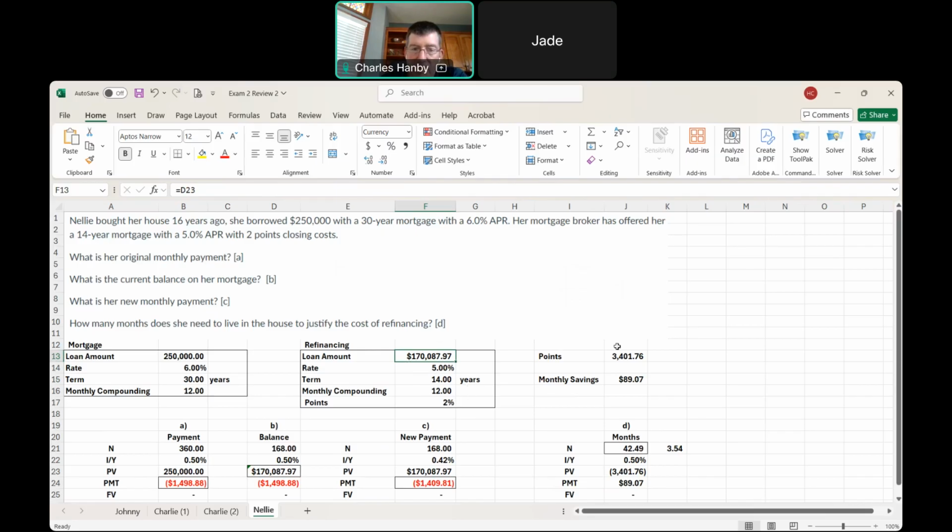So we just have to multiply 0.02 times 170,000, and that's how much the lender would charge to lend you the money. Oh, so that's not money that she would save. No, that's money that she has to pay to refinance. Yeah, it's going to cost.